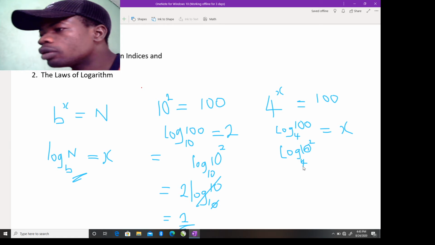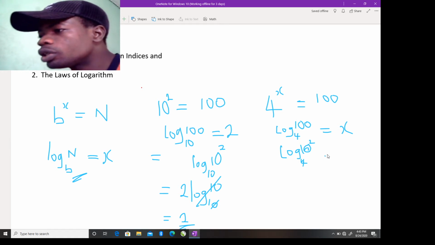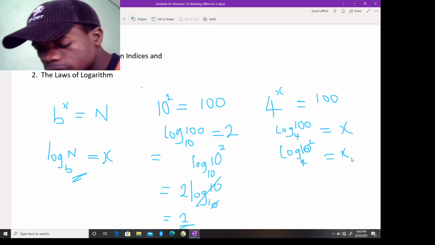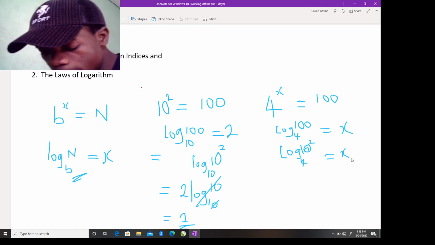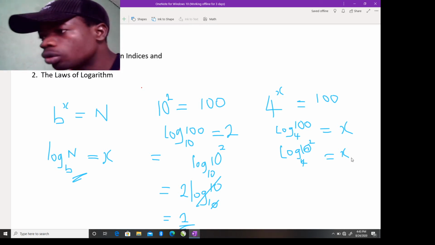You have 10, you have 100, you have 4. This is equal to x. Then what do you do next? You still have 2 come to the back. So that means log 4 raised to power x. Yes, of course. Good. So this is how best you can re-express this.